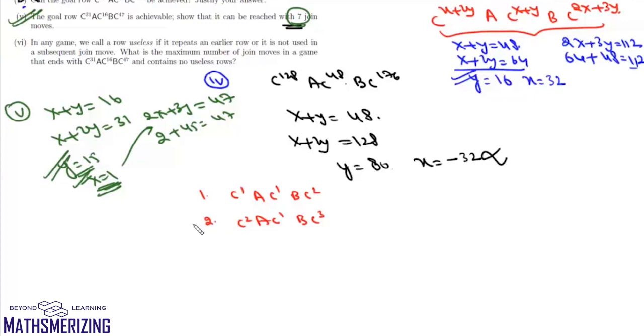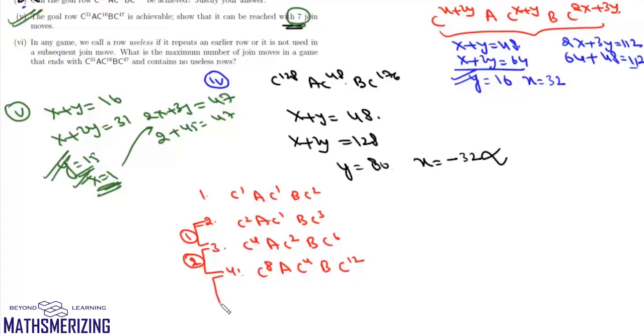Now we'll join the second row with itself, and that's our first join. So we'll get C4 A, C square B, C to the power 6. Now we'll join the third with itself. That's our second join. And we'll get C8 A, C4 B, C to the power 12.